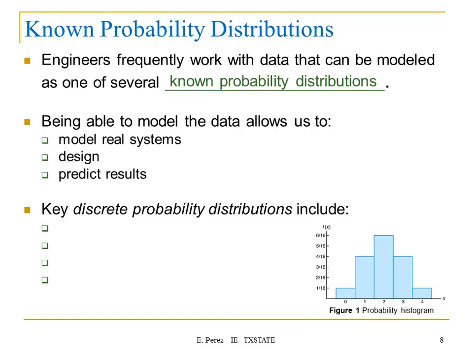Okay? So again, we're going to start with discrete probability distributions. And these models are able to model the data and allow us to model real systems, design, and predict results. Okay? So the key discrete probability distributions include the binomial, the negative binomial, the hypergeometric, and the last one, the most used, is the Poisson.